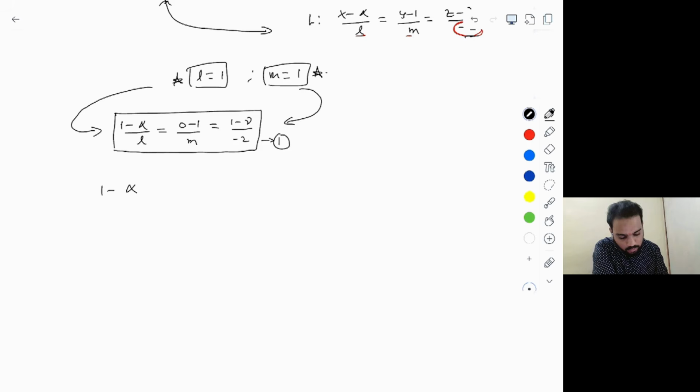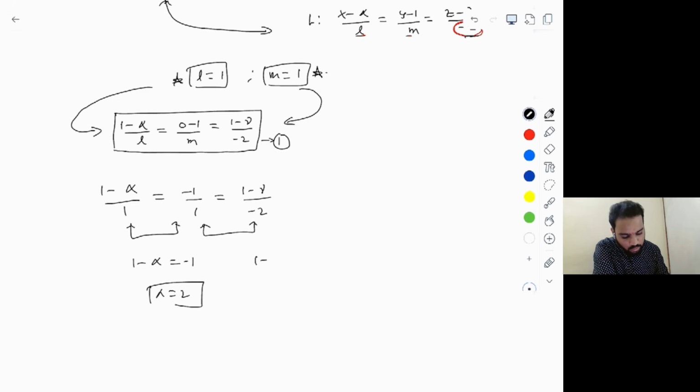Finally, what we get is (1 minus alpha) divided by 1 equals minus 1 divided by M, which is also 1, equals (1 minus gamma) divided by minus 2. Equate these two: directly, 1 minus alpha equals minus 1, which implies alpha equals 2. Similarly, equate these two here, you get 1 minus gamma equals 2, so gamma equals minus 1.